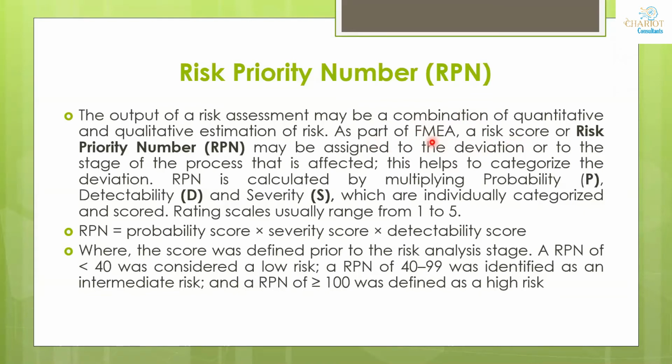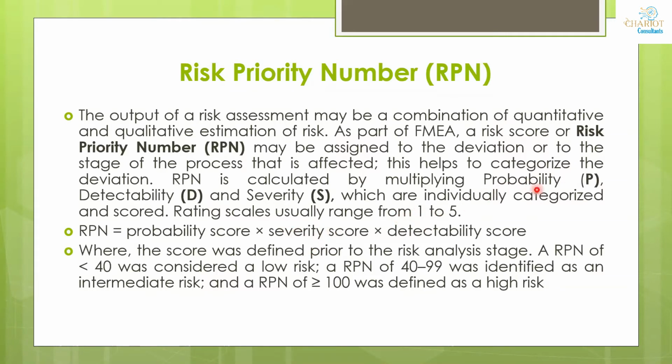FMEA stands for Failure Mode Effect Analysis. So whenever we are working on a risk assessment, the tool we use is FMEA. And how do we rank the risk? That is by the risk priority number, RPN. Risk priority number is a multiplication of three things.